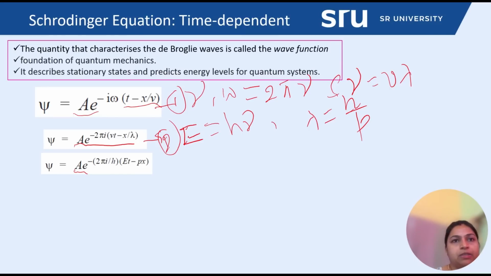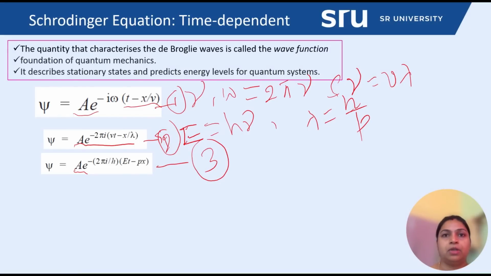So this equation 3 is the mathematical description of the wave equivalent of an unrestricted particle of total energy E and momentum p moving in the x direction.